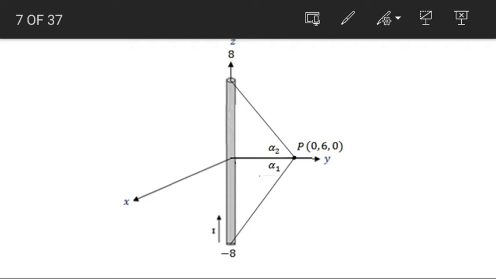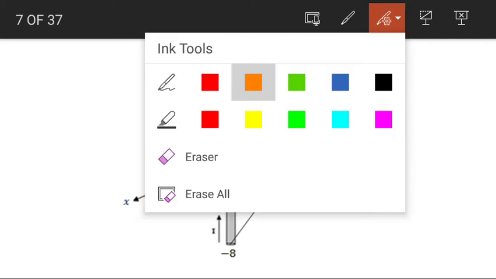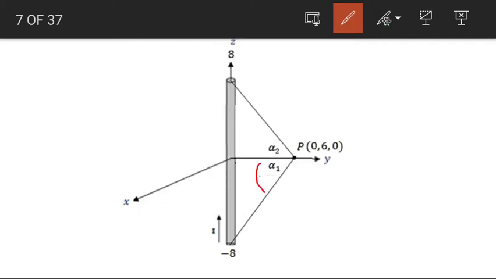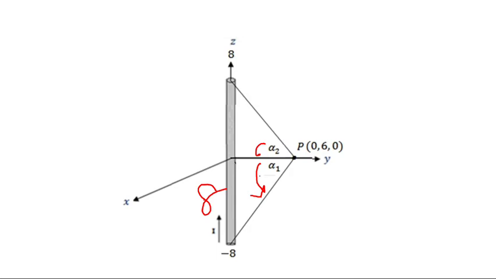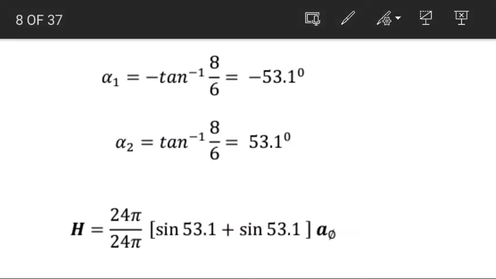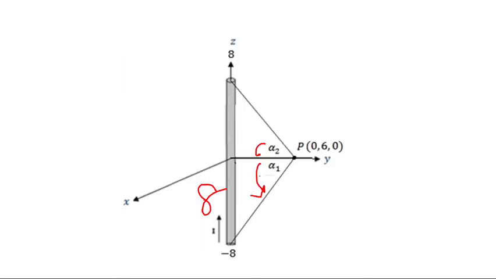So you see, we calculate alpha 1. For alpha 1, this side of the right angle triangle is 8, and this side of the right angle triangle is 6. So alpha 1 will be equal to tangent inverse of minus 8 by 6, and alpha 1 is minus 53.1. Let us calculate alpha 2. Alpha 2 will be positive.